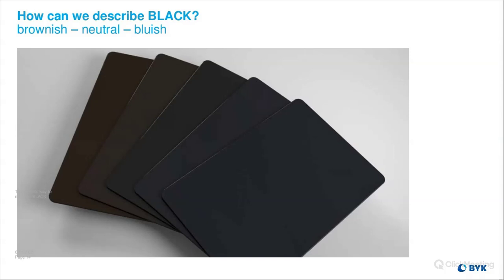And in here, what we see is that these range from a brownish undertone to a bluish undertone, from left to right. So we clearly can see some differences in the shades of these, but in some cases, spectrophotometers just can't measure them because they're so low in reflectance values to begin with.